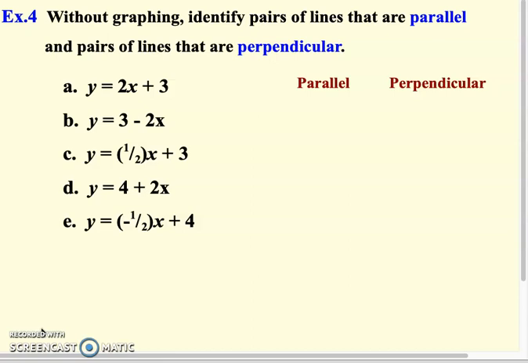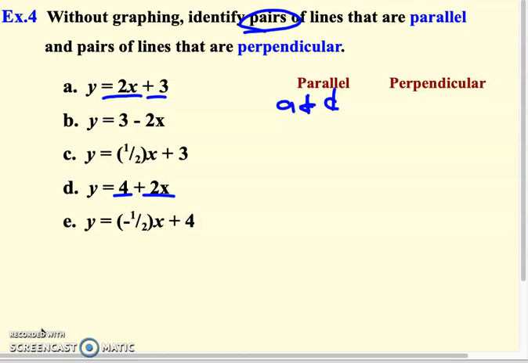So, first of all, just to practice picking them out by the slope. If you look at pairs of equations we can draw from this list, try to get some that are parallel, perpendicular. Let's go parallel first. What you want to look for is slopes that are identical with different y-intercepts. So for example, 2x, 2x, but 3 and 4. So A and B would be a good choice.